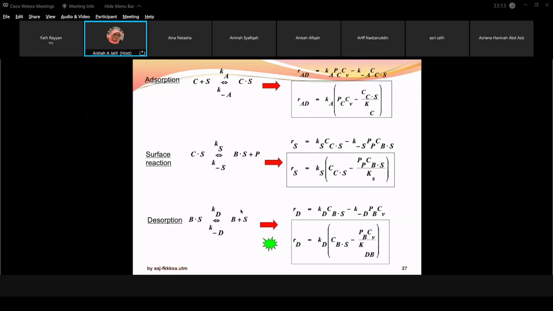You have to try first with the surface reaction because 75% of heterogeneous reactions have the surface reaction as the rate limiting step.